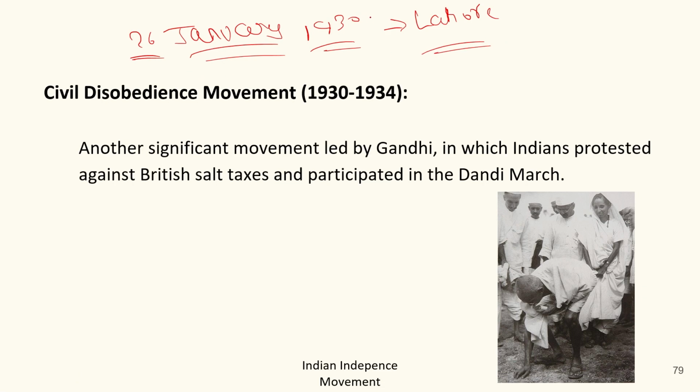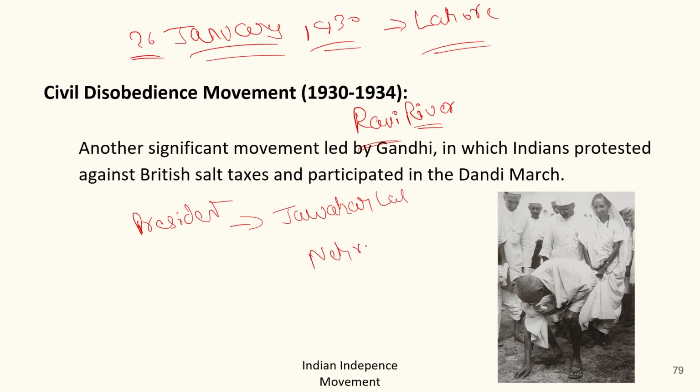On 26 January 1930 at Lahore, on the bank of the Ravi River, the Indian leaders under the presidency of Jawaharlal Nehru declared Poorn Swaraj, or complete independence.